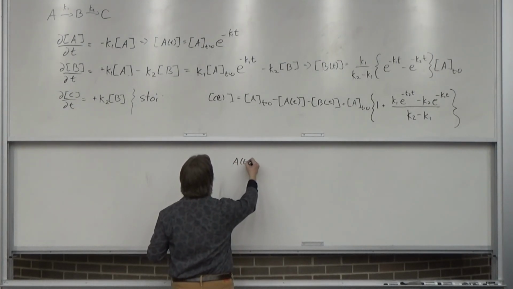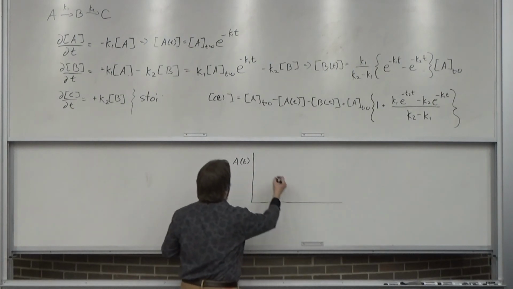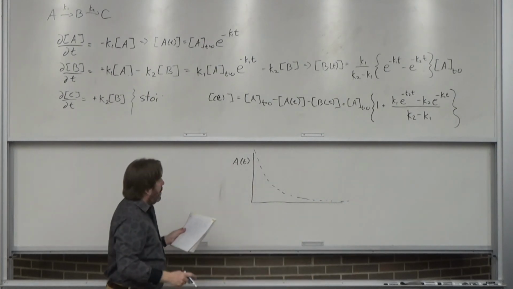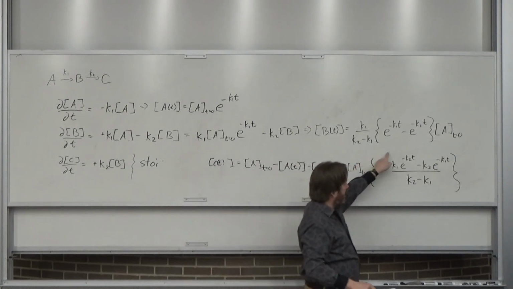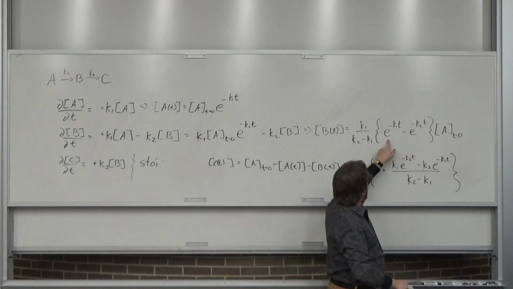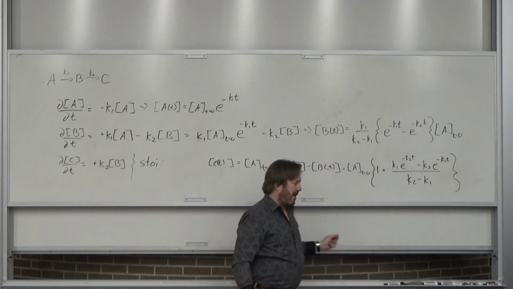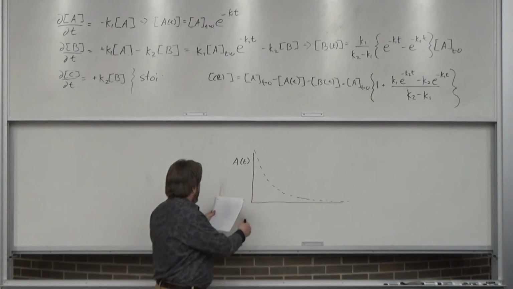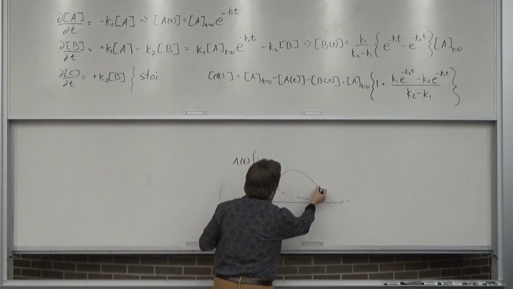A as a function of t. Now remember, that's a pure exponential decay. I'll dash that one. Okay, now B, the middle species, you have these exponentials that are fighting each other. And what that means is that it's going to rise and then it's going to fall.